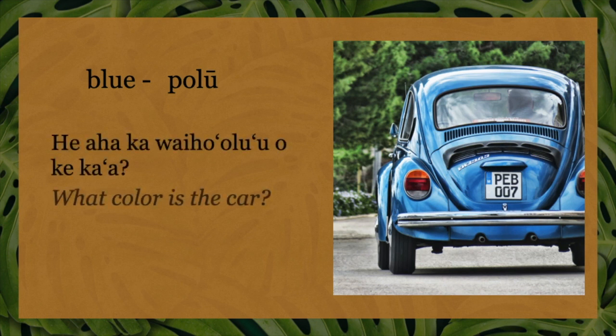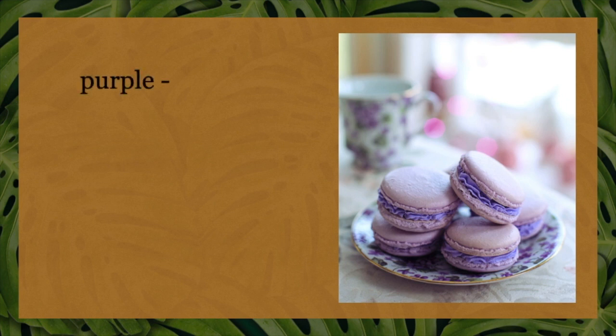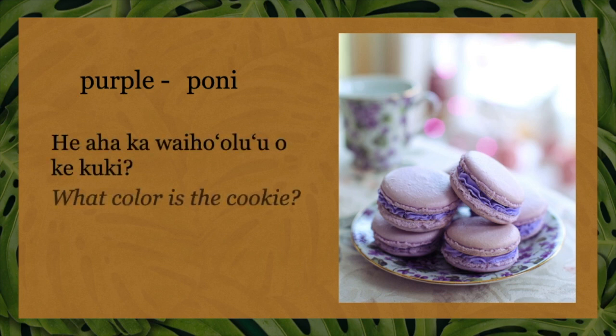He aha ka Waiho'olu'u o ke ka'a. What color is the car? Pulu ke ka'a. The car is blue. Purple, poni. He aha ka Waiho'olu'u o ke kuki. What color is the cookie?